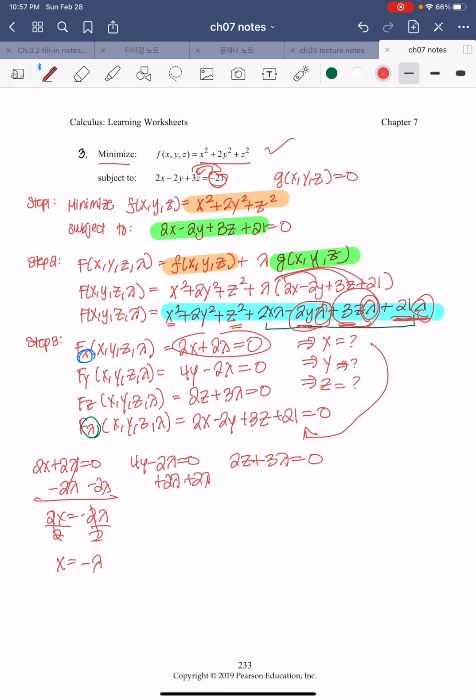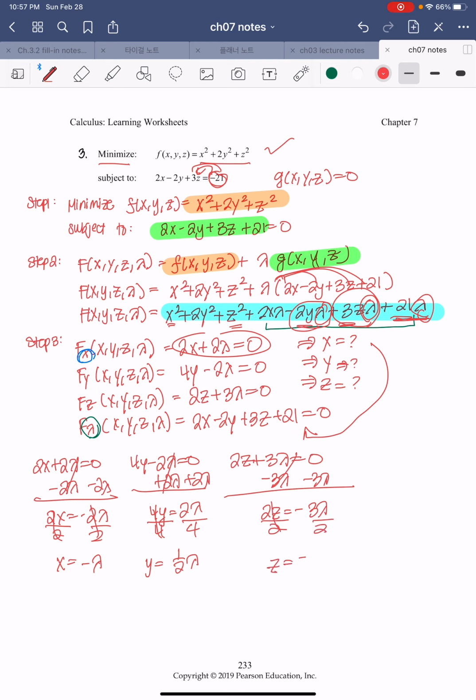Add 2 lambda: 4y equals 2 lambda, divided by 4, I have y equals 1/2 lambda. And then subtracting 3 lambda, I have 2z equals negative 3 lambda, divided by 2.